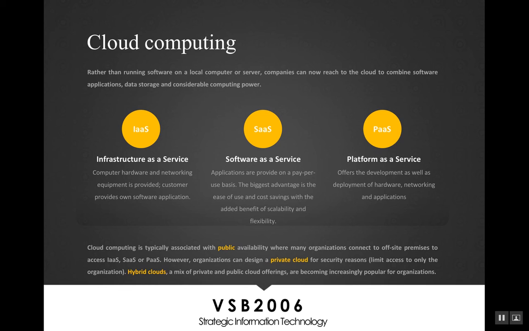So what we call public clouds: Amazon Web Services and Azure are examples of public clouds, which you can access across the internet. Stuff is stored or run offsite, and you can run any of these types of applications on them across the public internet.